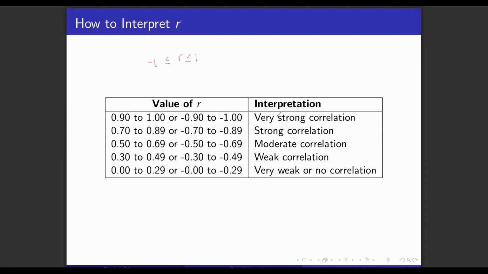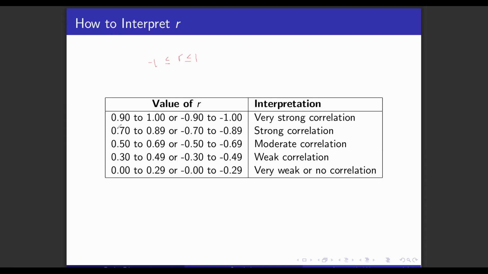So the categories are very strong correlation, moderate correlation, weak correlation, and very weak or no correlation. Now notice that we have the positive and the negative side to it. So in this case, this is a very strong positive correlation, and this is a very strong negative correlation.